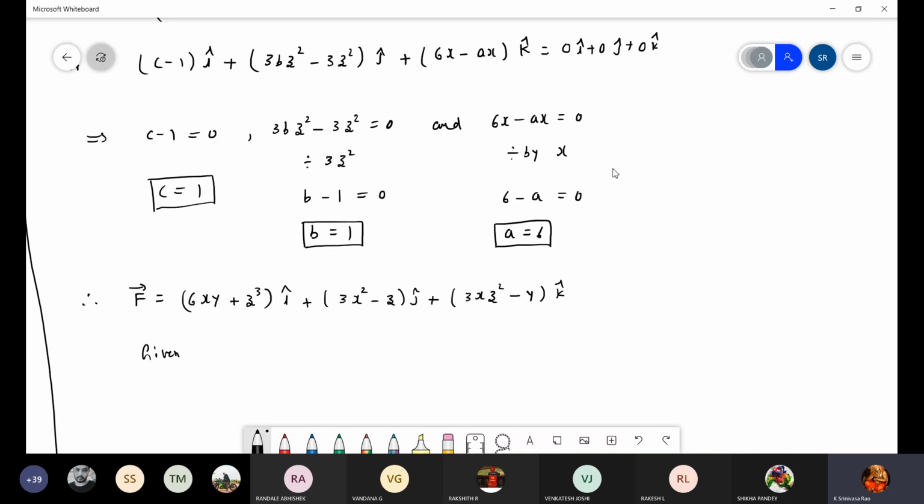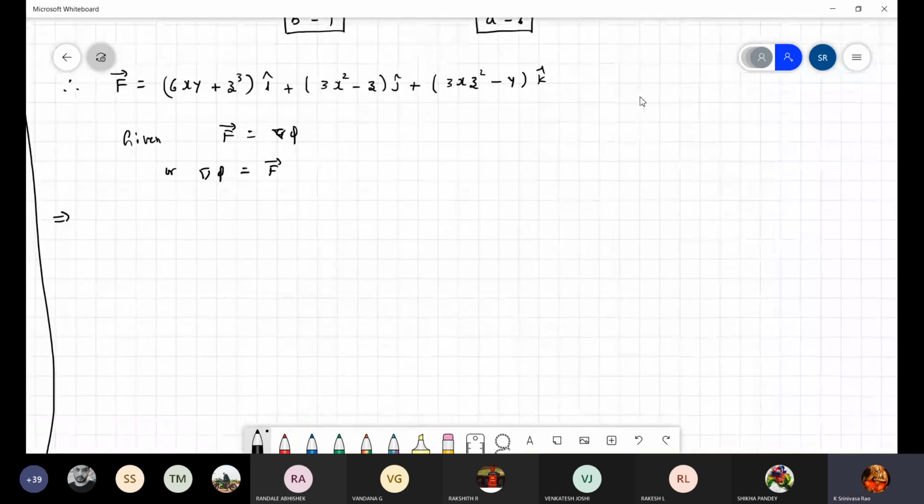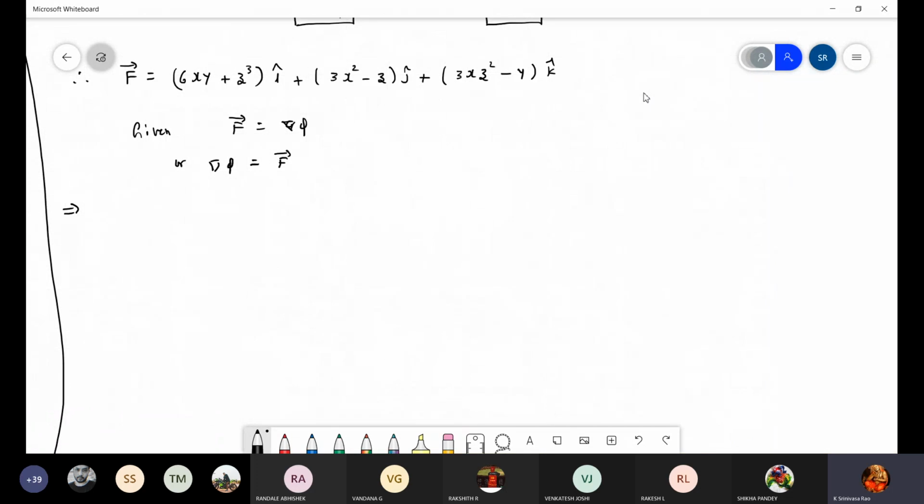Given f equals grad phi, or grad phi equals f. This implies, write down the formula and substitute vector f.